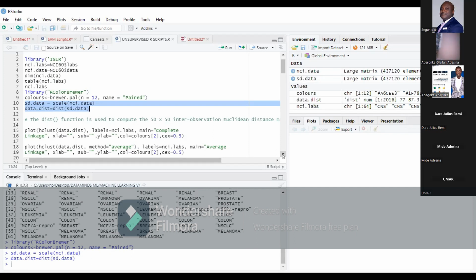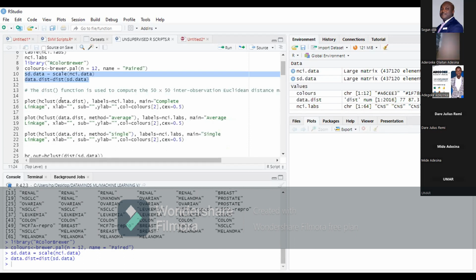Now to proceed, lines 15 to 16 is about making the plot. Now you can see the plot function helps you. Now data dot D, that is what we have already defined in line 10, because we scale the data down to the matrix form that we need.